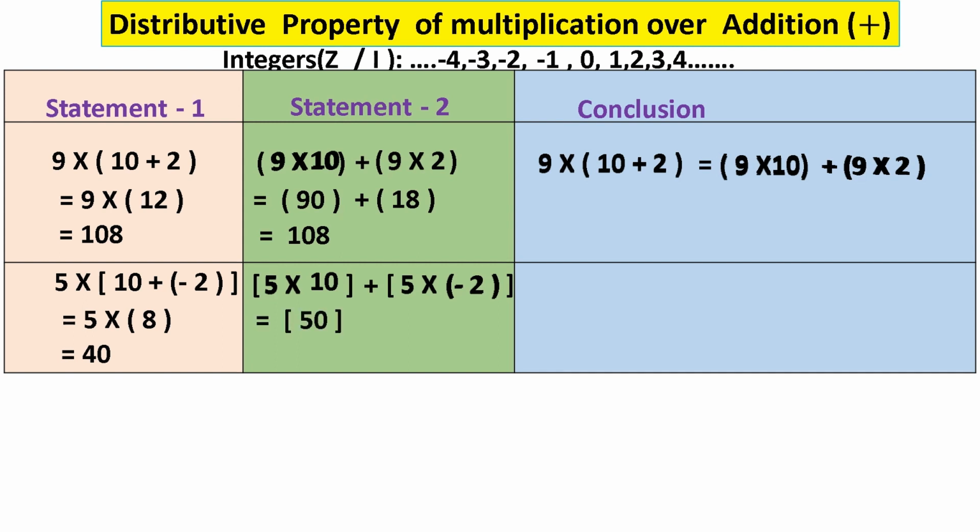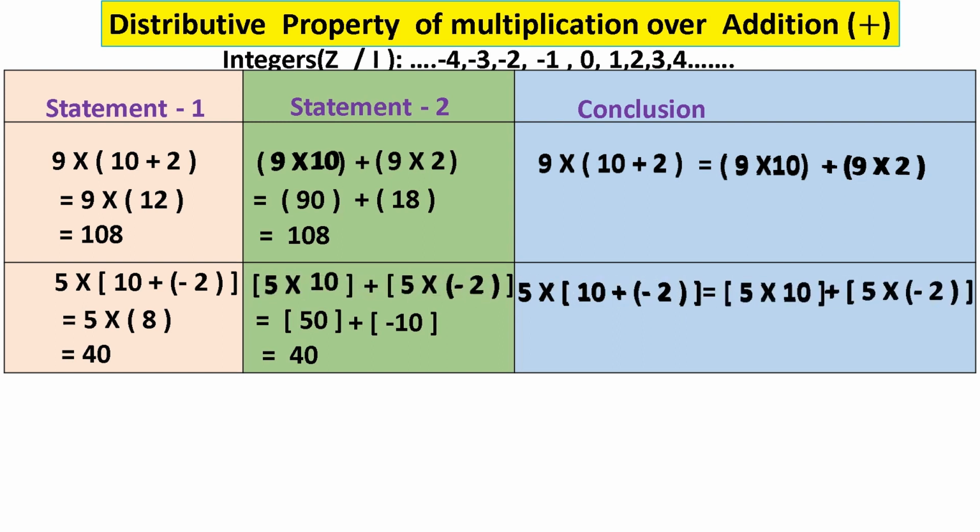Now 5 into 10 is 50, plus 5 into minus 2 is minus 10. Therefore, the answer is 40. In statement 1 and statement 2, we get the same answer. Now the conclusion: 5 of 10 plus minus 2 is equal to 5 into 10 plus 5 into minus 2.